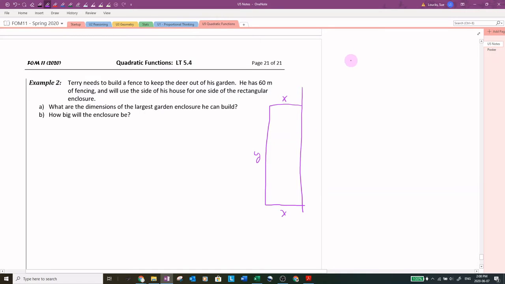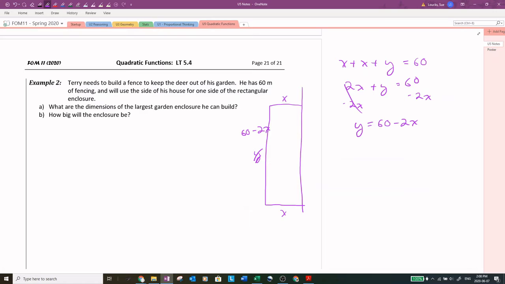What we know is that 2x plus y is the total length of the fence, and that equals 60. I can subtract 2x from both sides and I get y equals 60 minus 2x. So the length of this side is going to be 60 minus 2x. That makes sense: if I add up all three sides, I get 60 meters of fencing.